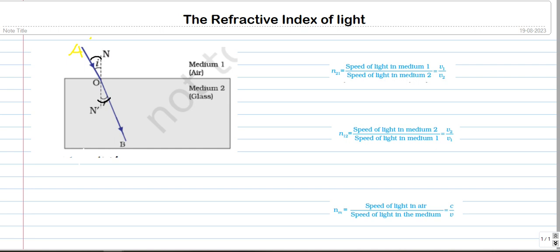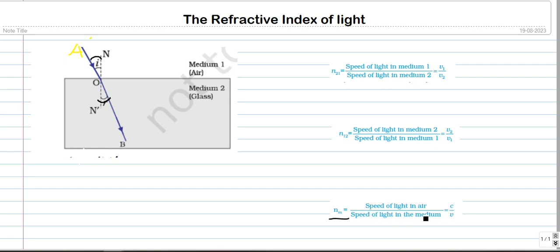So now we are talking about the absolute refractive index of a medium, say glass, water, or whatever medium we are considering, with respect to vacuum or air. That will be our absolute refractive index, denoted as Nm here. Nm is the absolute refractive index of the medium with respect to air.